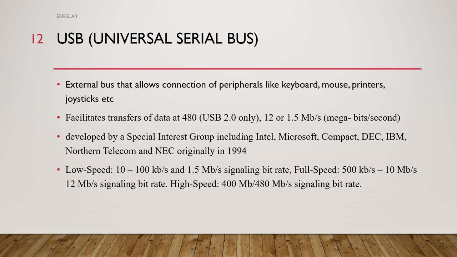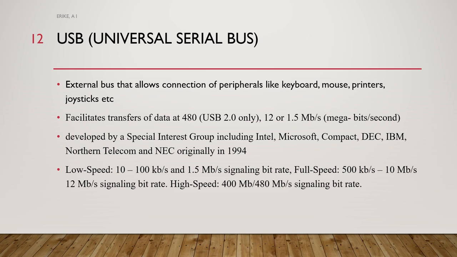The low speed range of communication using USB is from 10 to 100 kilobits per second, at a 1.5 megabit per second signaling bitrate.